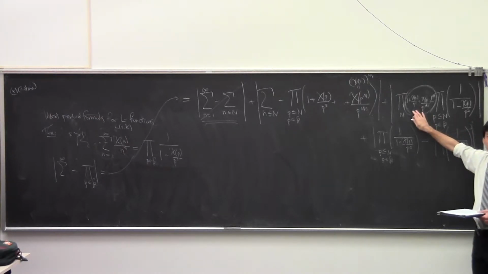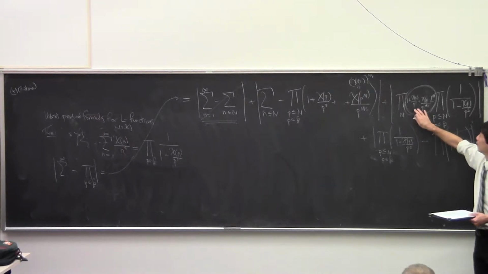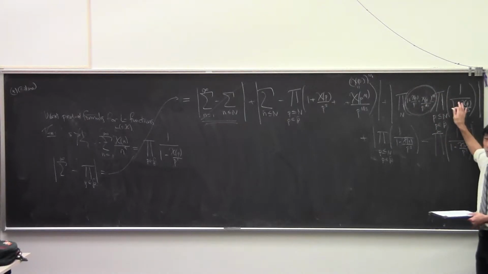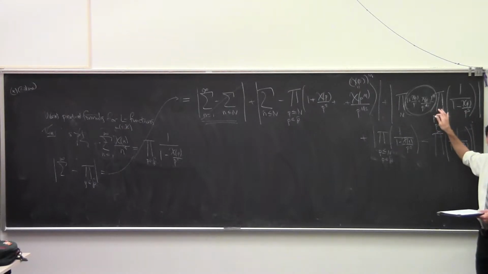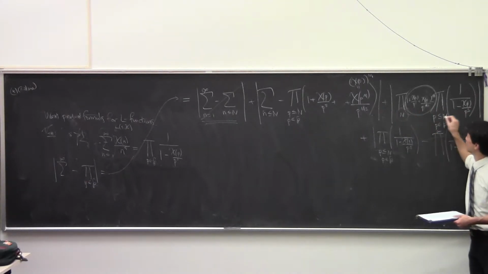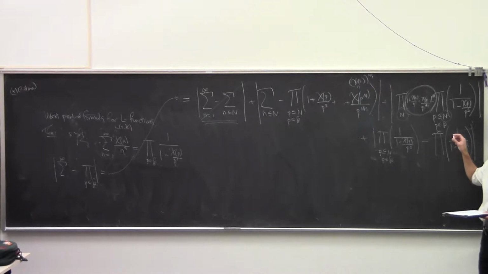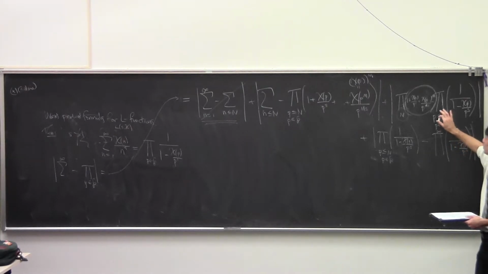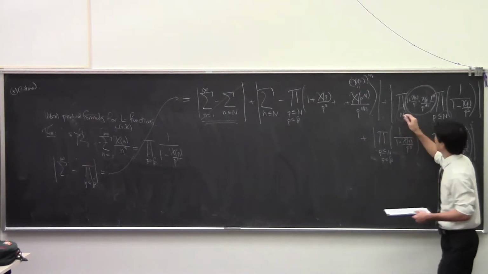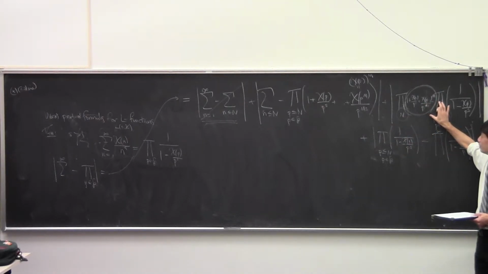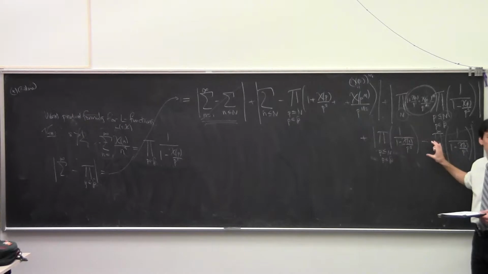So if we take m large enough, then we can make this difference smaller than epsilon, because each of these guys converges to this thing, and it's a finite product. It's a finite product. That's the deal. So this can be made small as well. It's almost as trivial as the first two.